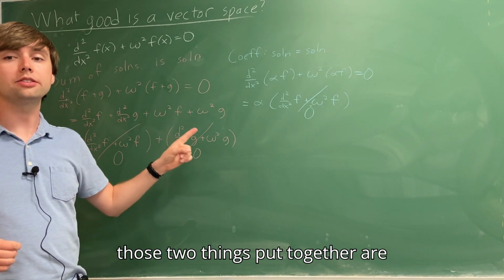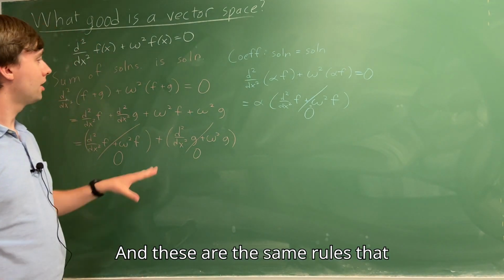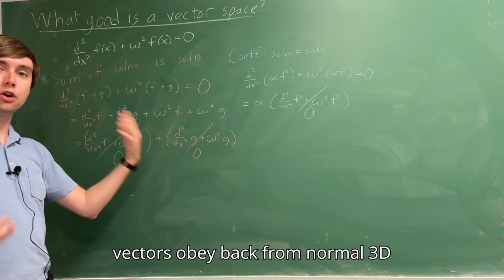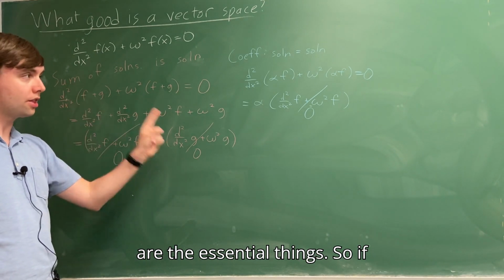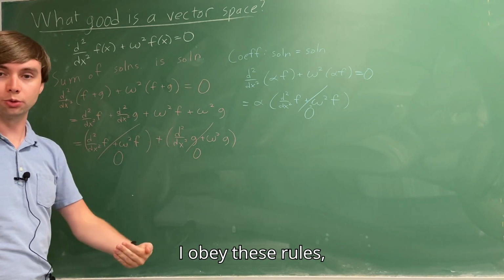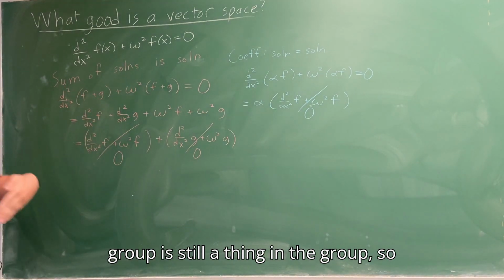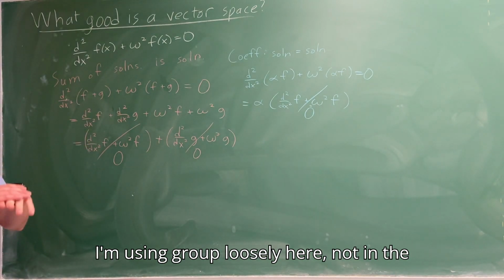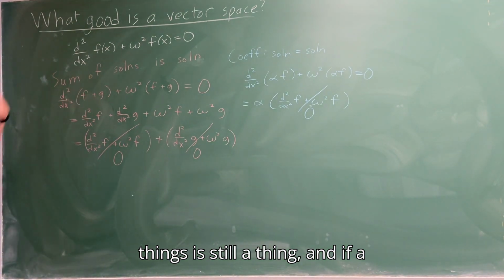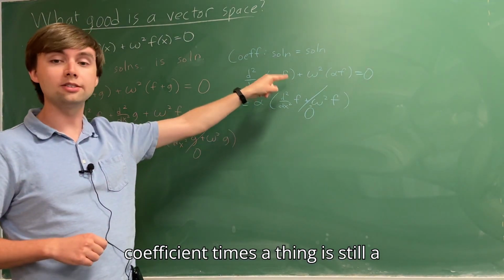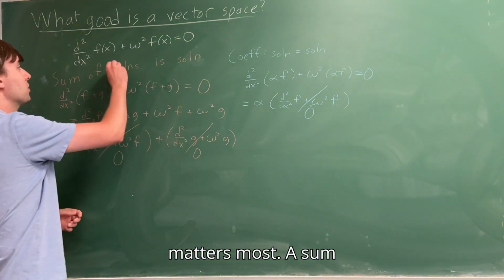So those two things put together are the important things. And these are the same rules that vectors obey back from normal 3D coordinates and things like that. These are the essential things. So if the sum of things in the group is still a thing in the group, so I'm using group loosely here, not in the math definition sense, but if the sum of things is still a thing, and if a coefficient times a thing is still a thing, we're going to call that a vector because that's actually the thing that matters most.